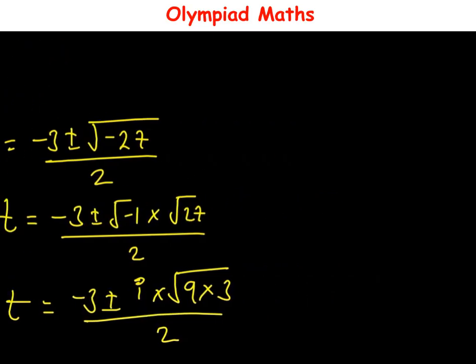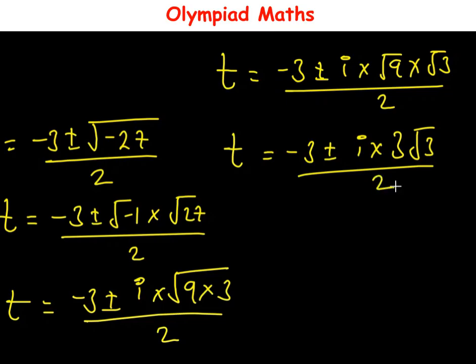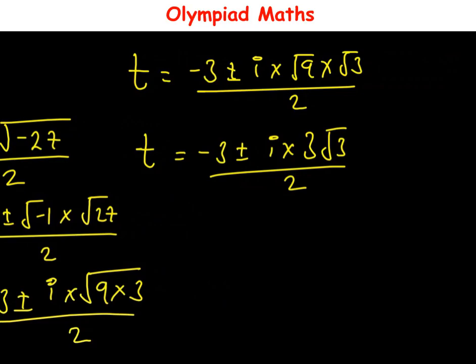So next, the value of t is then equal to minus 3 plus or minus i times root 9 times root 3 all over 2. t is then equal to minus 3 plus or minus i times root 9 is 3, then times root 3 all over 2. So from here, let us then factorize out 3 over 2.